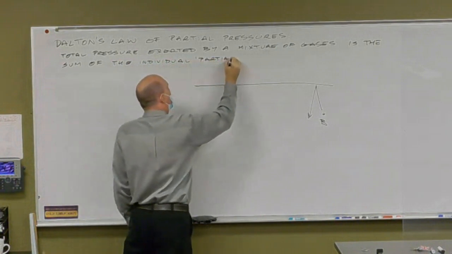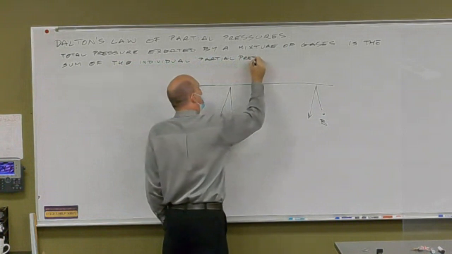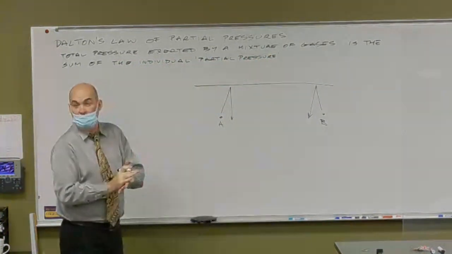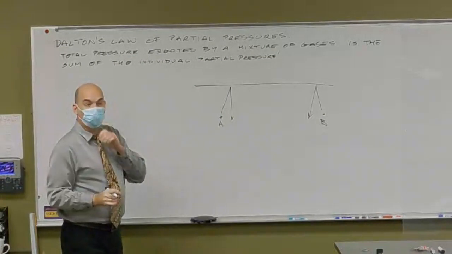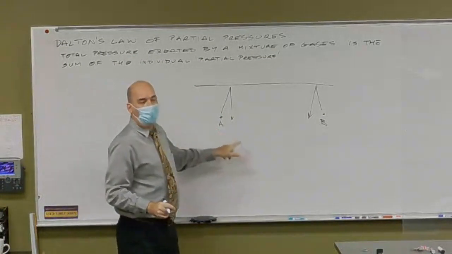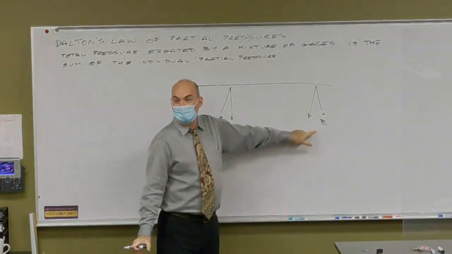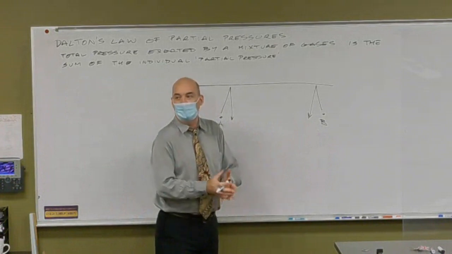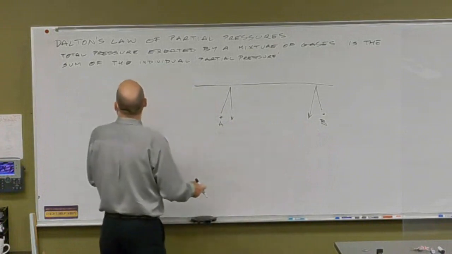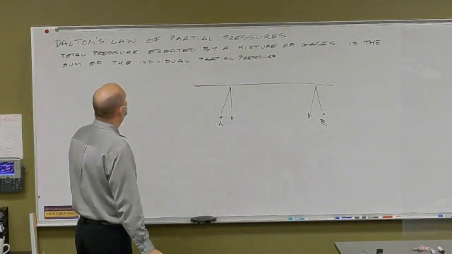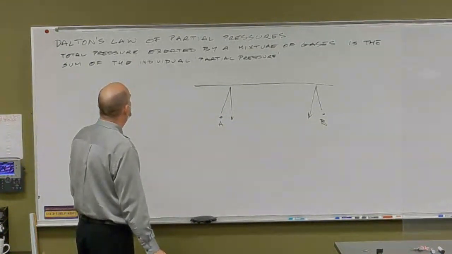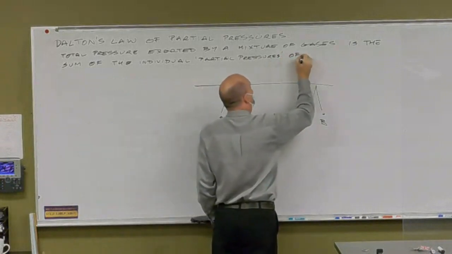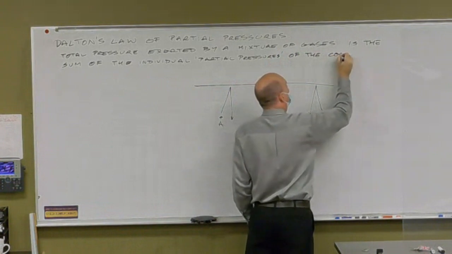Now, because these individual pressures sum to make a total, Dalton calls the pressure exerted by A and the pressure exerted by B partial pressure. And when you add the partial pressures together, you get the total pressure. So the total pressure exerted by a mixture of gases is the sum, add them together, of the individual partial pressures of the components.